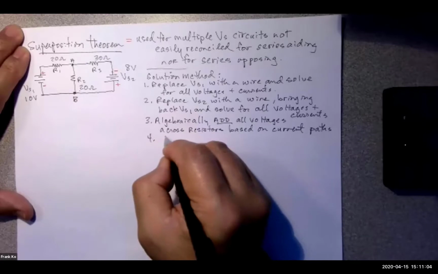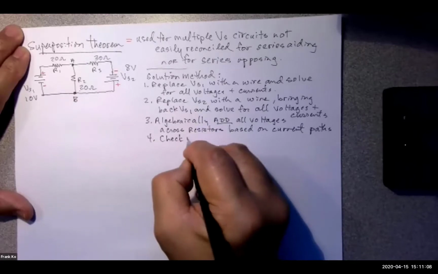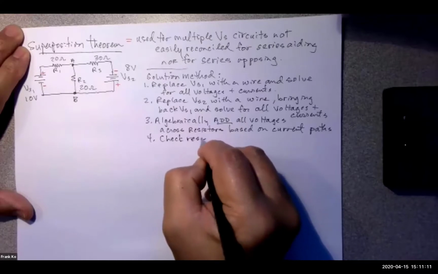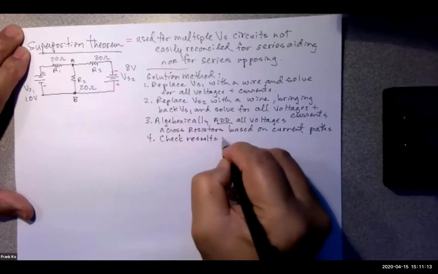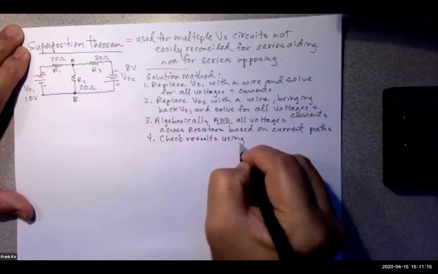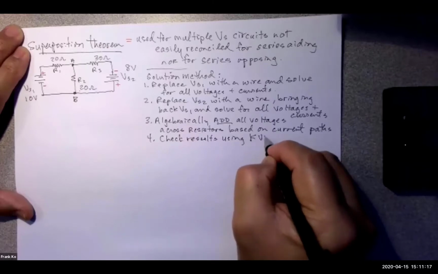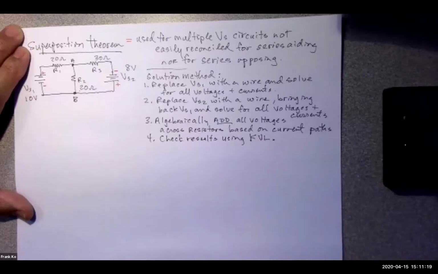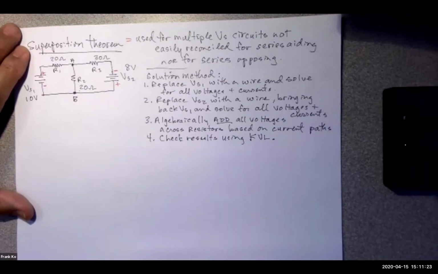Number 4, check results using KVL. So those are your 4 steps as your solution method for superposition theorem.